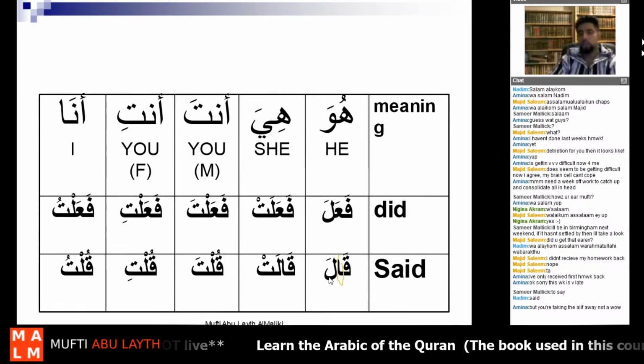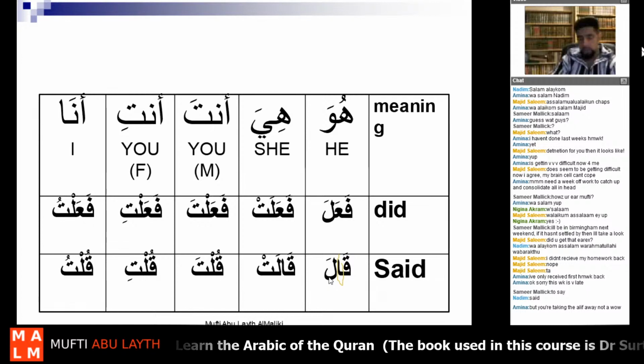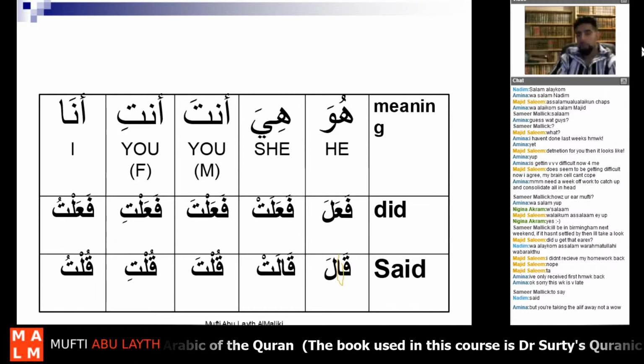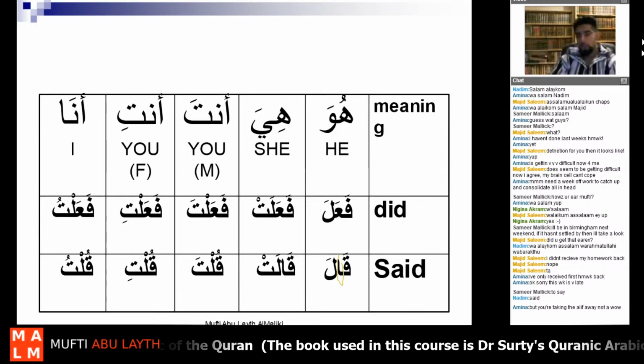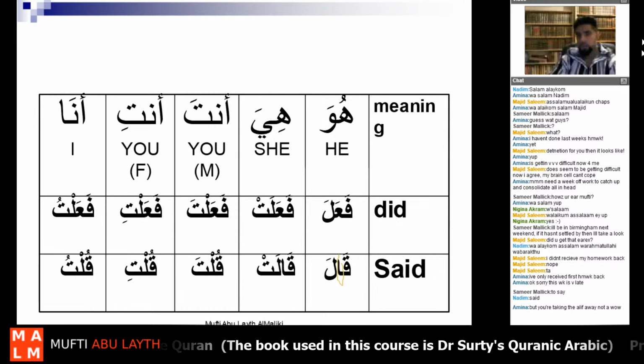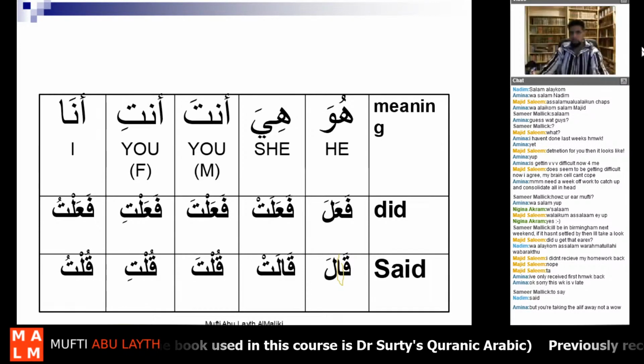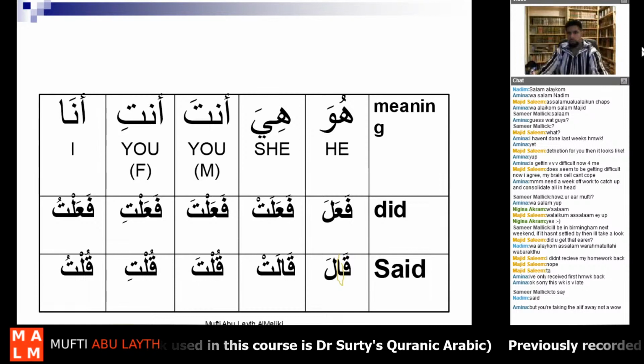So let's say if we were to conjugate the verb sama, which once again has a waw, could you, just in English, conjugate that and type that into the chat?